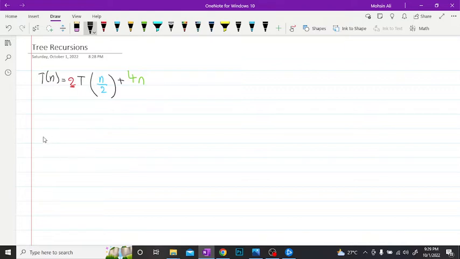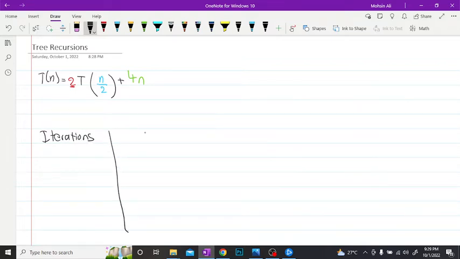The first thing that we have to do over here is I like to create some type of columns which basically helps me to do these types of questions using the tree recursion method in a very organized and easy to understand manner. The way I'll do this is the first column I usually write is iterations.